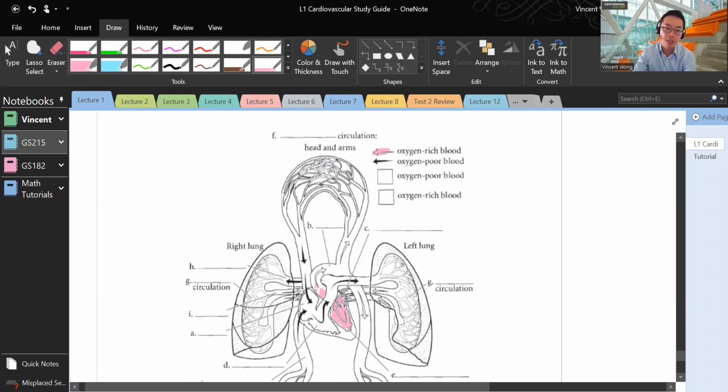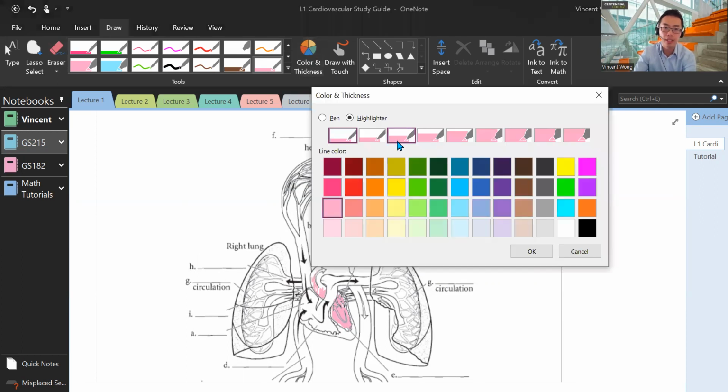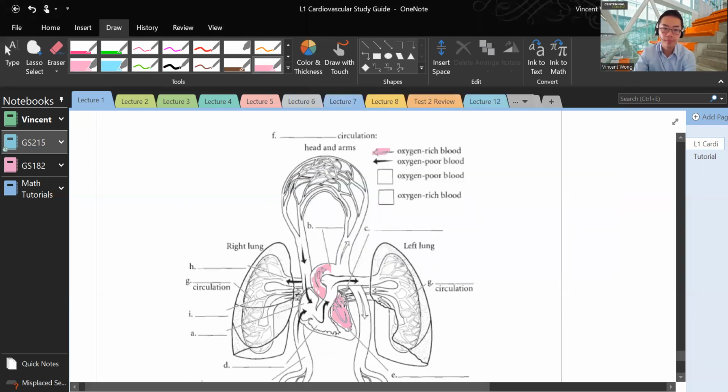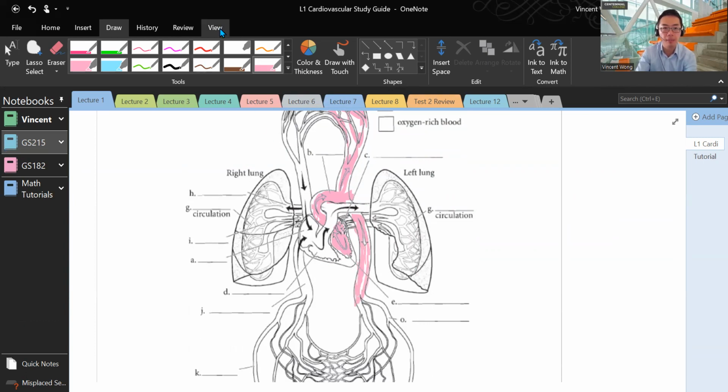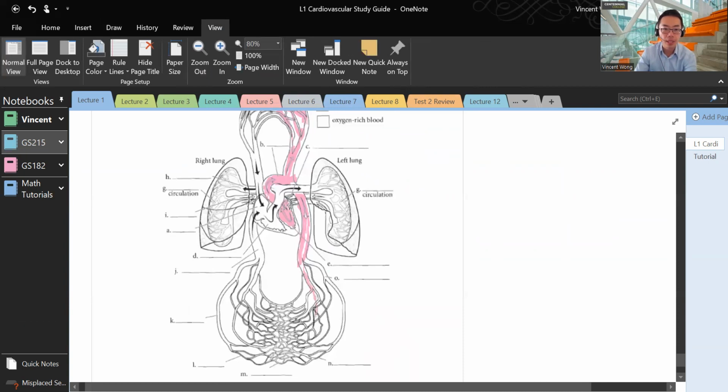And then you can see it's going to go through the aorta right here, and it's going to go up to the head and arms. And it's going to arch down and become the abdominal aorta, which would then supply blood to the lower parts of the body. It's terrible coloring, but you get it.